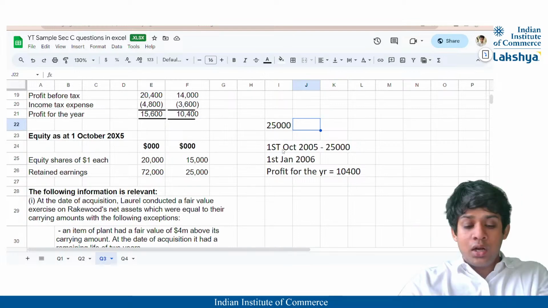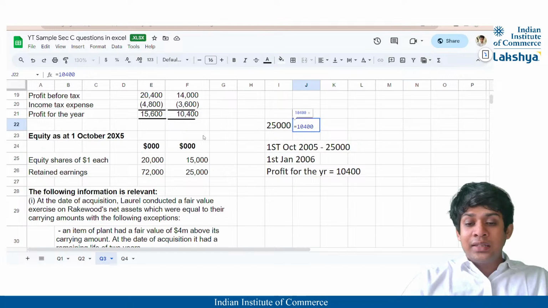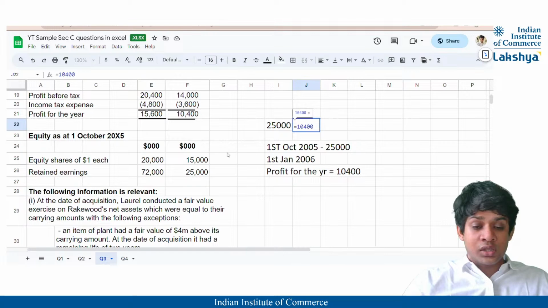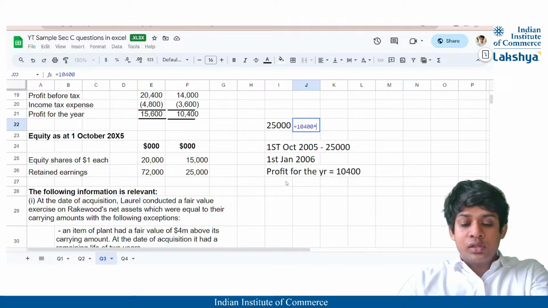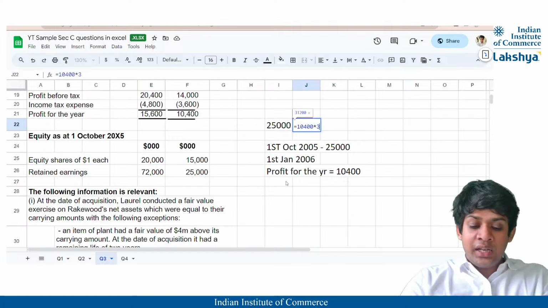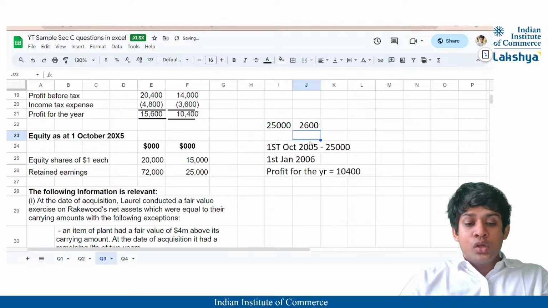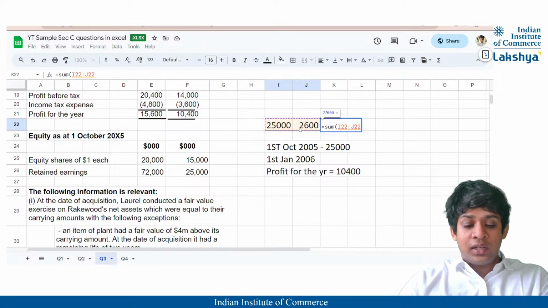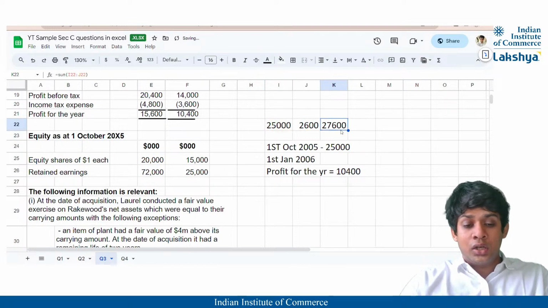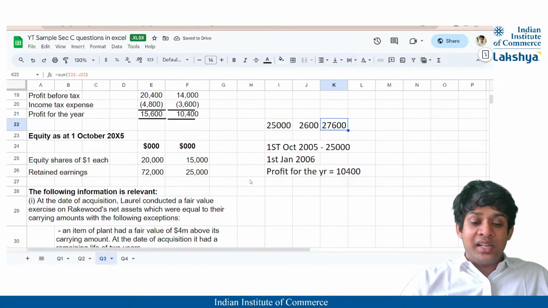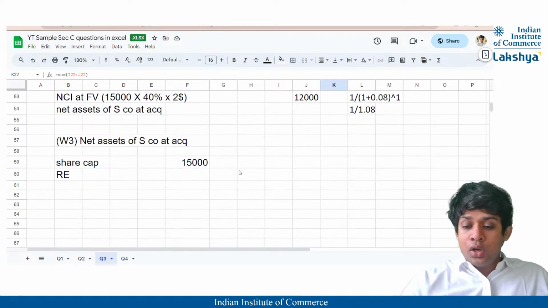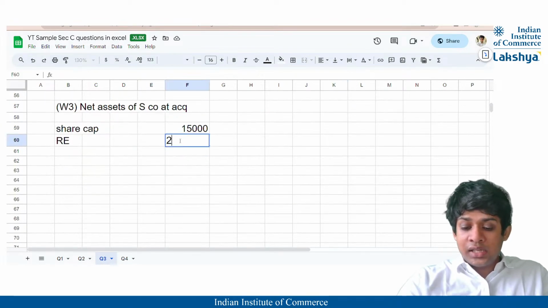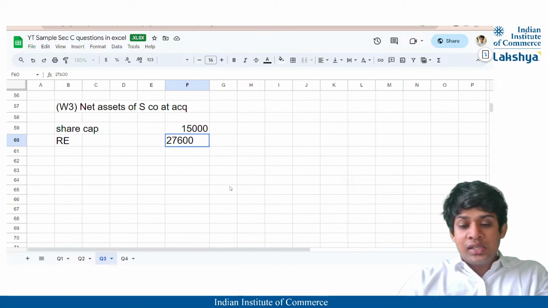So I'll just do 10,400, which is the profit for the full year, from 1st October 2005 to 30th September 2006. Okay. So 10,400 into 3 divided by 12, right? So 2,600 is for those 3 months, and thus till the date of acquisition, the pre-acquisition profit or retained earnings, you can say, is nothing but 27,600. Right? So at acquisition, the retained earnings are nothing but 27,600.